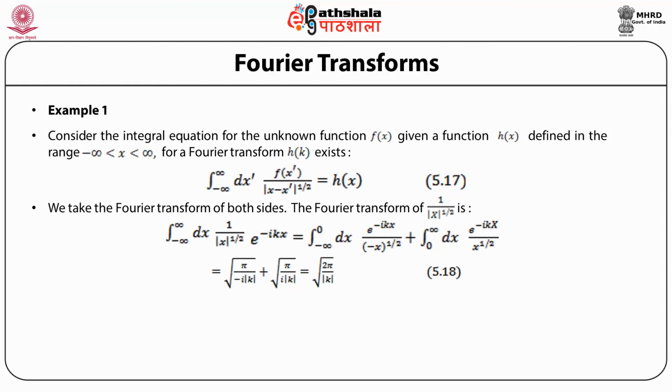The Fourier transform of 1 by x to the power half is given by the integral from minus infinity to infinity dx 1 upon mod x to the power half e to the power ikx, which can now be broken into two integrals, one from minus infinity to 0 and one from 0 to infinity.